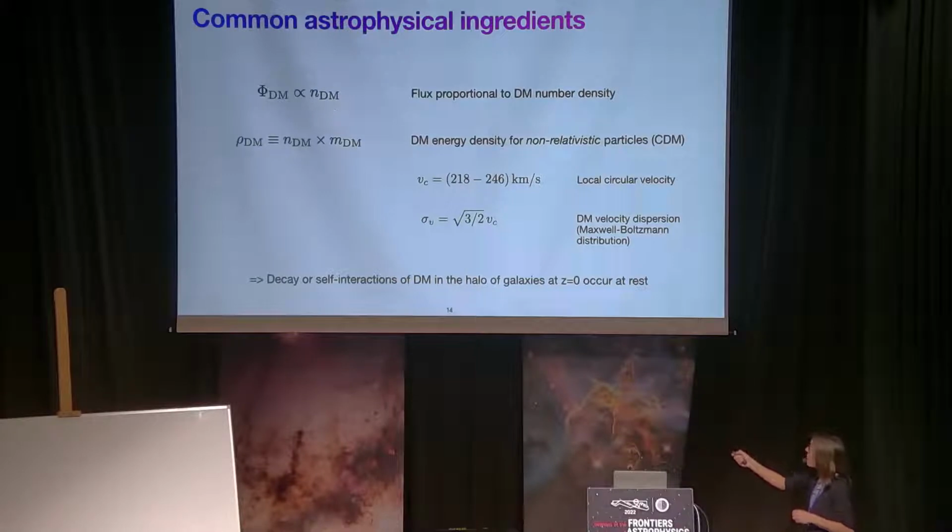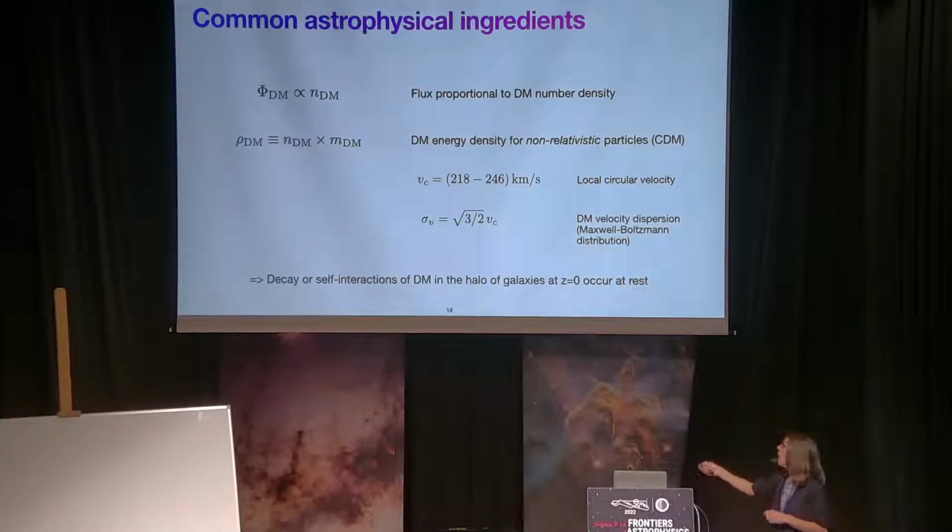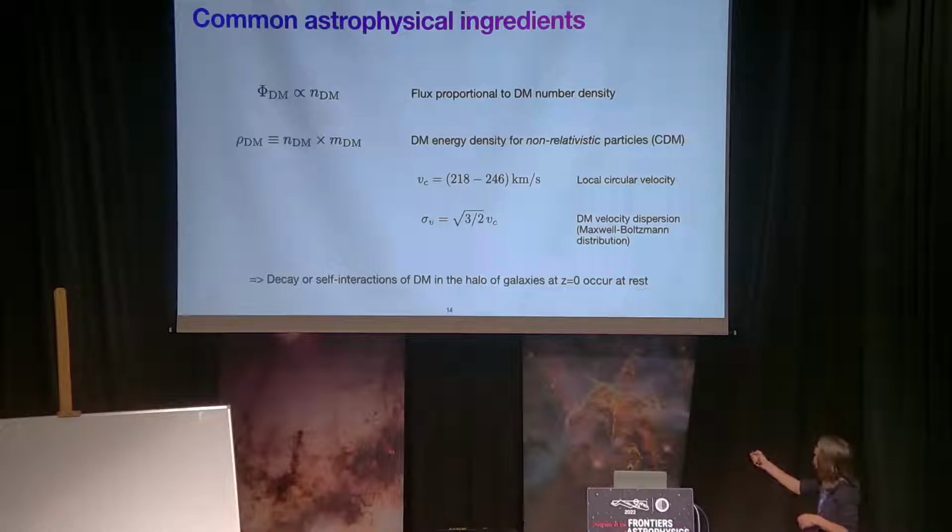And the dark matter number density is related to what we call the dark matter energy density, which is nothing else than the number density times the mass, a quantity that most astroparticle phenomenologists like to deal with.